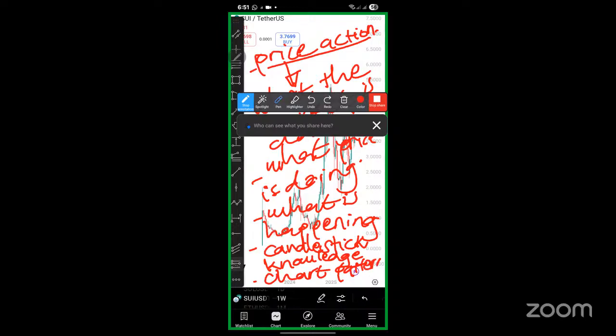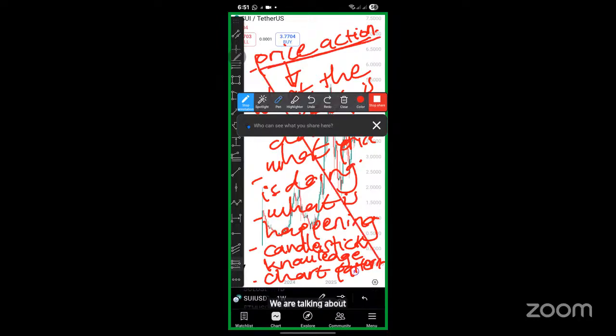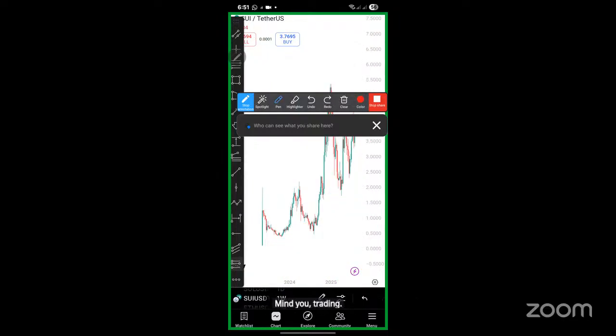I want to take you solid by solid, okay? The chart patterns. Now, as I told you earlier, when you talk about price action, we are talking about the grammar of trading. Mind you, trading has both the grammar and the comprehension.